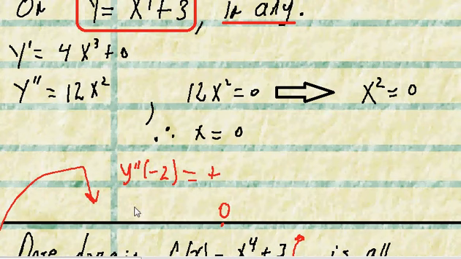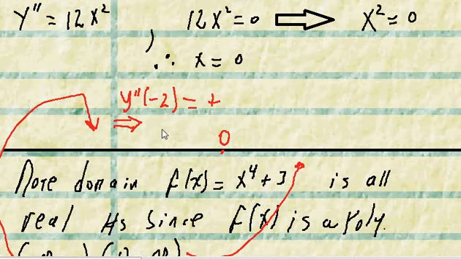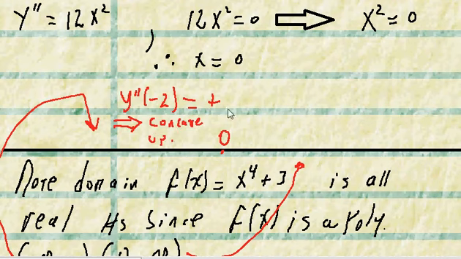Because that is a positive number, that implies that the graph of this function, y equals x to the 4 plus 3, is concave up in that open interval. And in fact, it's concave up in the whole open interval.